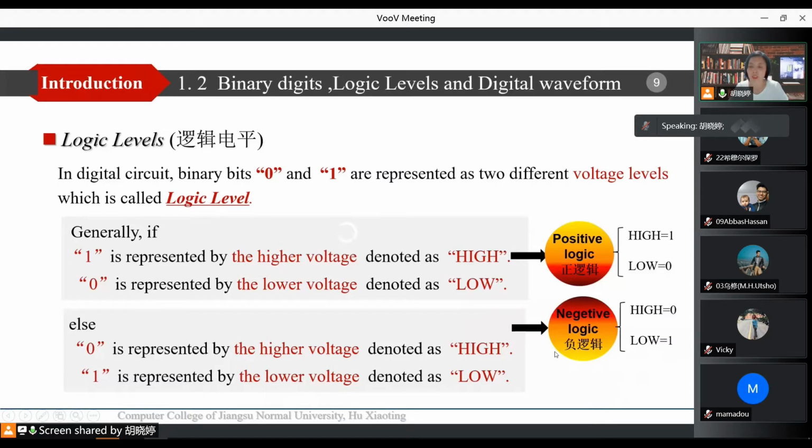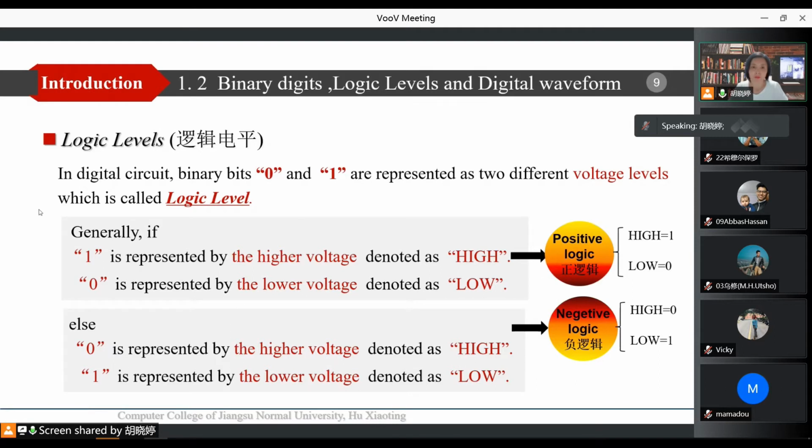In the negative logical system, high level will correspond to 0, and low level will correspond to 1. Usually we will use positive logic. That is the relationship between logical level and binary digit.